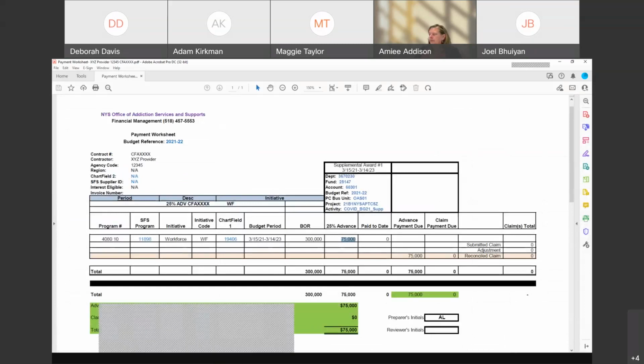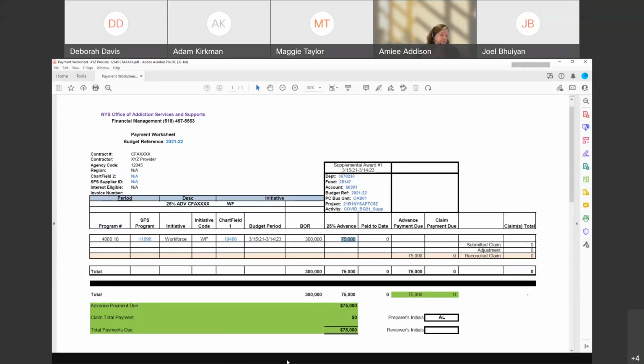Thank you. Another thing I wanted to add is that on the OASAS website, under the SAPT Supplemental Grant Initiatives, once an initiative has been awarded and contracts are going out, a blank expense report gets added to the listing of the initiative.